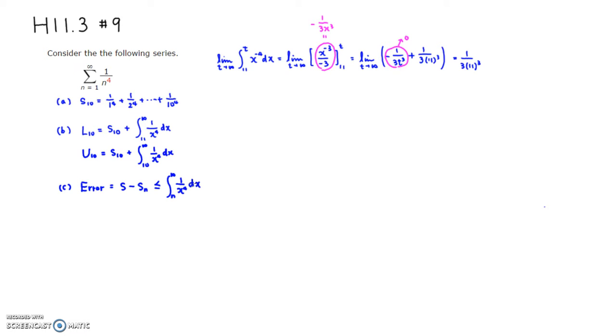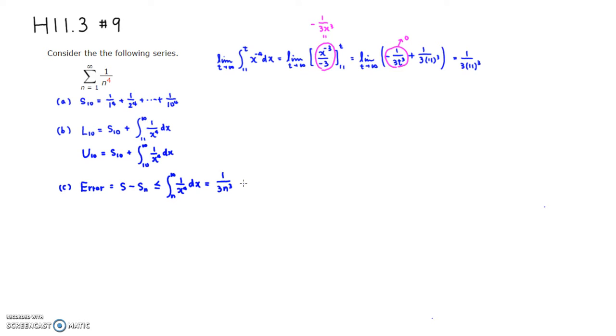We can just use the same trick. It's going to be 1 over 3 times n cubed, because when it was 11, we got 1 over 3 times 11 cubed, and when the lower limit is 10, it was 1 over 3 times 10 cubed.